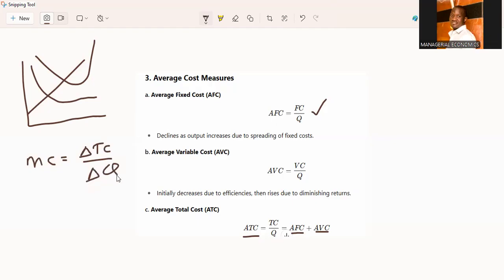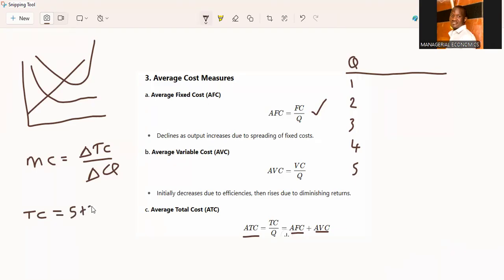So if we're going to have just a simple example, we have quantity 1, 2, 3, 4 and 5, right? And we're told that our total cost is given by 5 plus 2q.